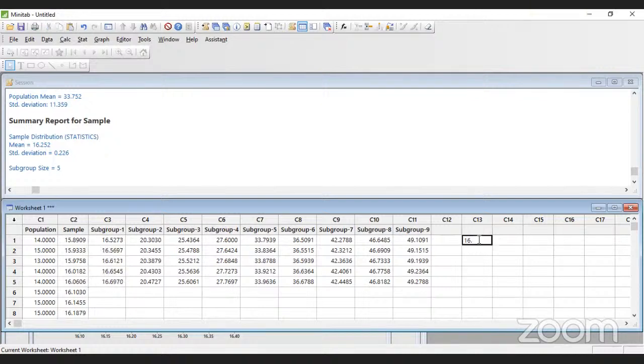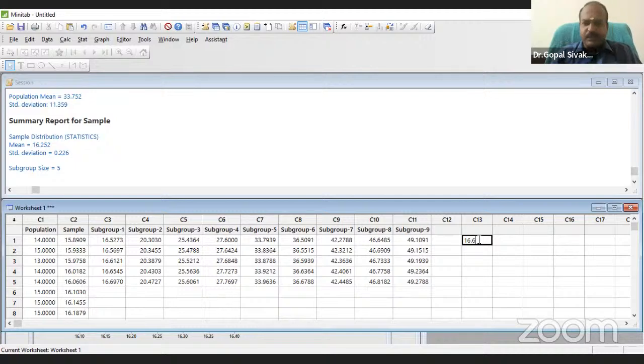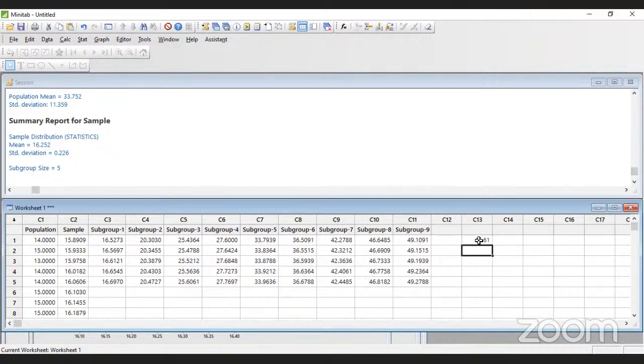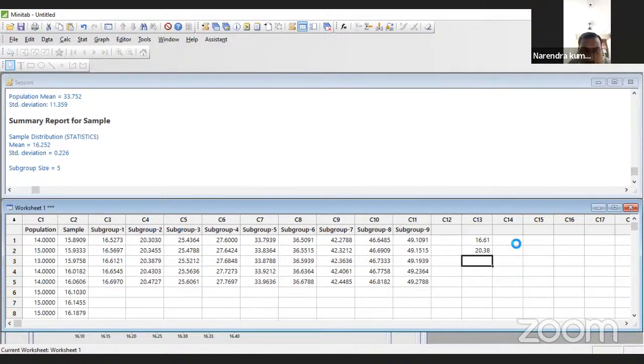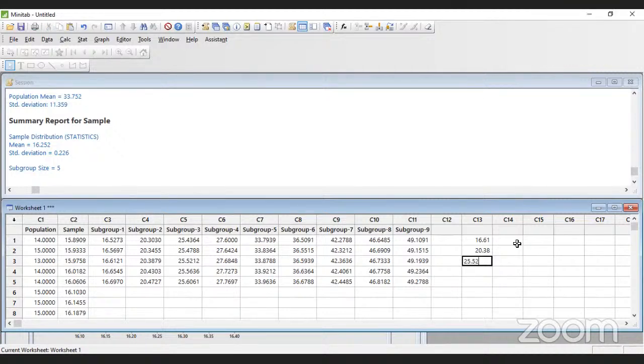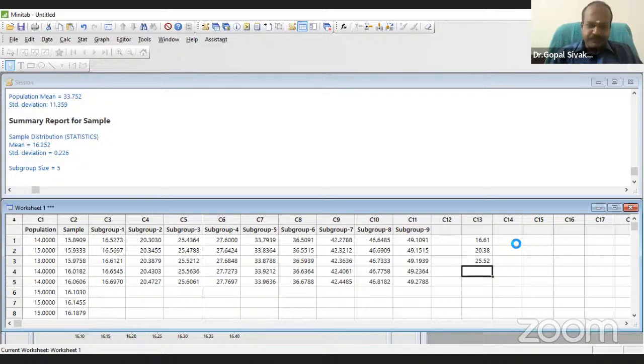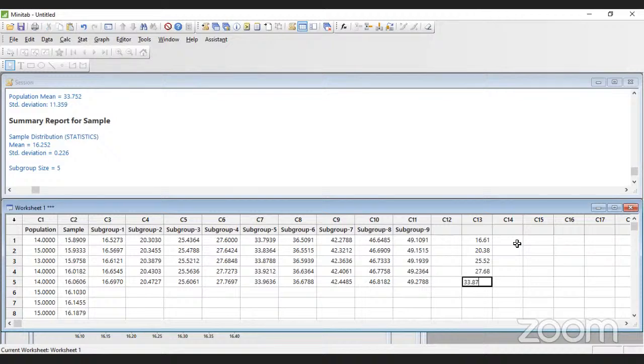All right. Now please tell me, for the first subgroup, what will be the average approximately? 16.56. Okay, let me take the center value, 16.61. Now, second subgroup, what is the average? 20.38. Third subgroup, 25.52. Fourth subgroup, 27.68. Fifth subgroup, 33.87.